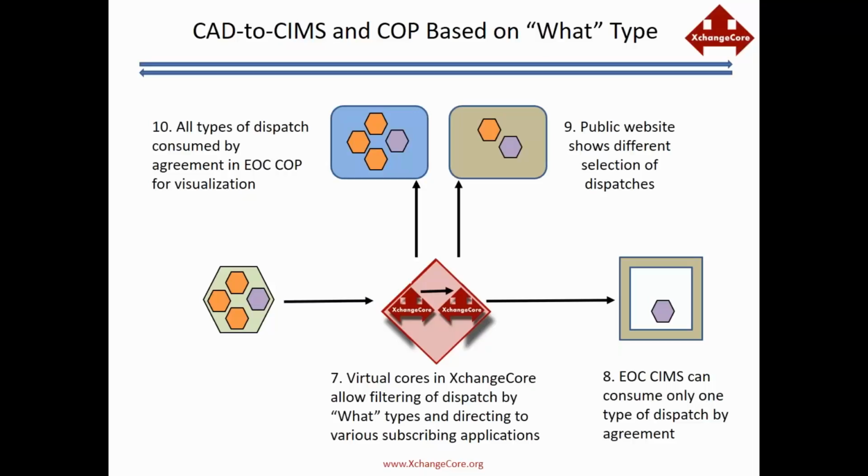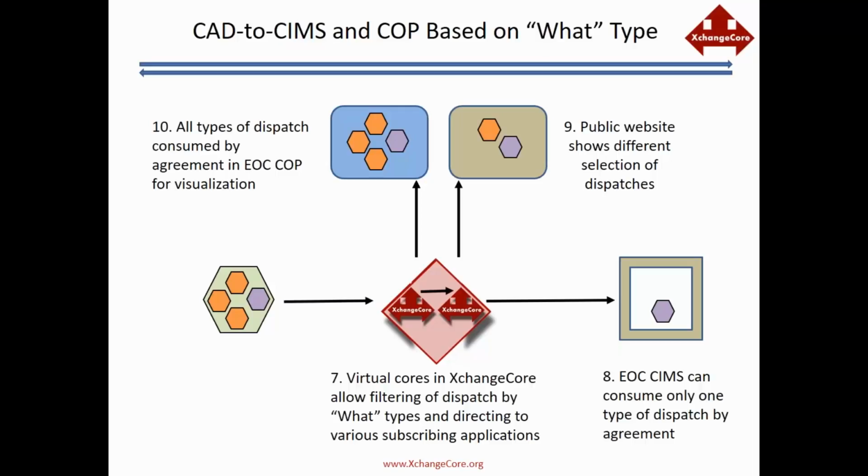Still have all the dispatches coming in on the left-hand side. Number 7 down there explains how the virtual cores in XchangeCore allow you to have that dispatch connected to one virtual core, the other virtual core being connected to other applications.